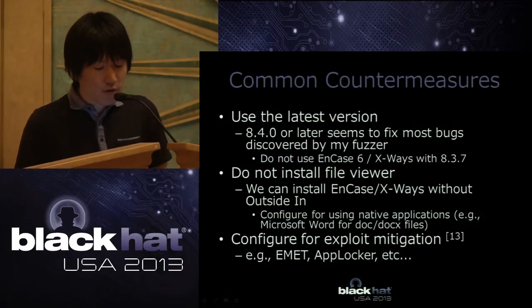Instead, configure it to use native applications. For example, set Microsoft Word for viewing doc and docx files. Last but not least, configuration of exploit mitigation like EMET and AppLocker is also effective.